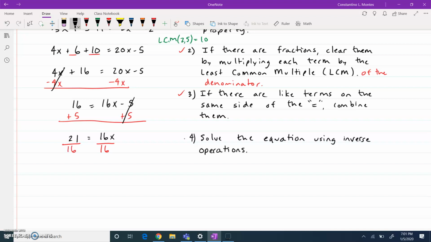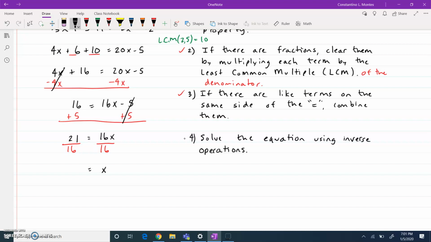Something you're going to notice when you're working with equations is that just because you don't get a whole number answer doesn't mean the answer is incorrect. I think as math teachers and instructors, we tend to give students equations that have whole number or integer solutions because it's easier and we don't have to deal with fractions when doing the solution check.